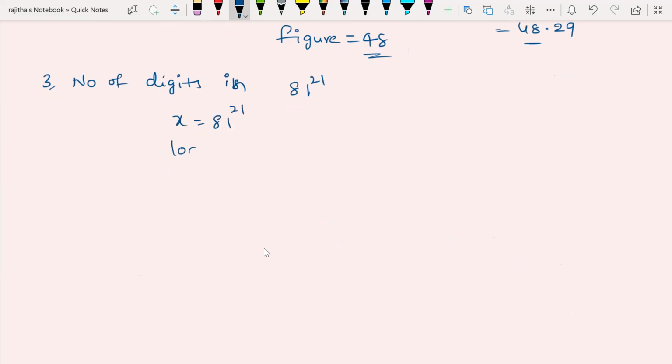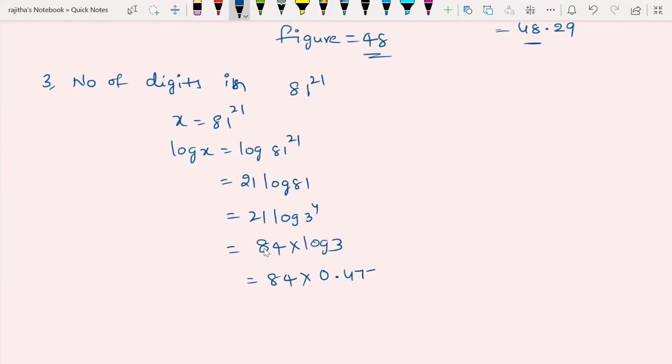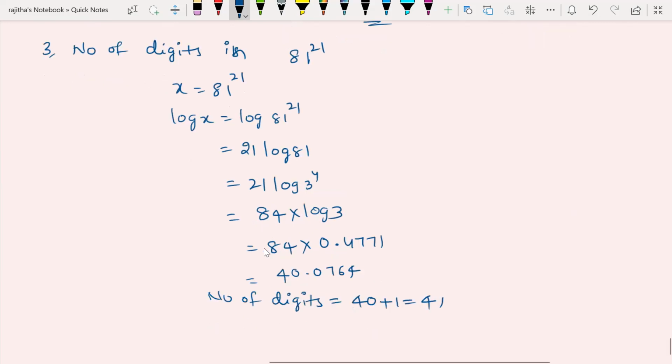Log x equals 21 into log of 81, which is 21 into log of 3 to the power 4, that is 84 into log 3, which is 40.0764. The number of digits is 41, the position of the first significant figure is 40, and the mantissa is 0.0764.